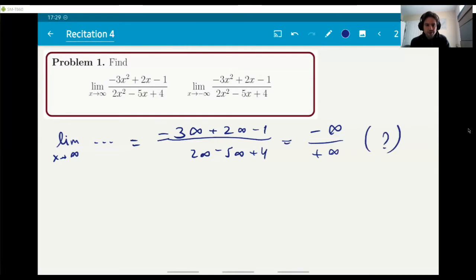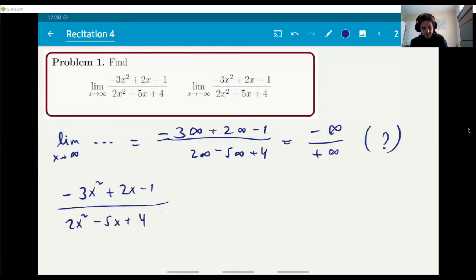How do you solve this problem? This is what's called a rational function, a ratio between two polynomials. What you should do is try to divide by the highest degree in the denominator. Divide both expressions. Sorry, both numerator and denominator. So we're going to be dividing by x squared.